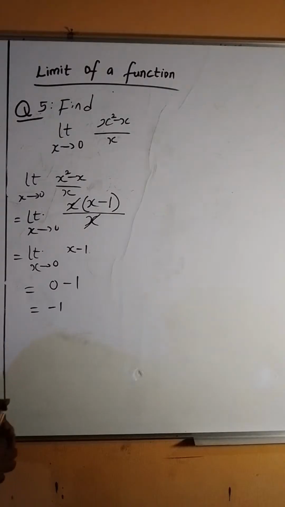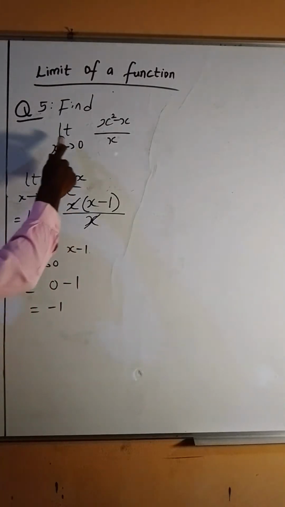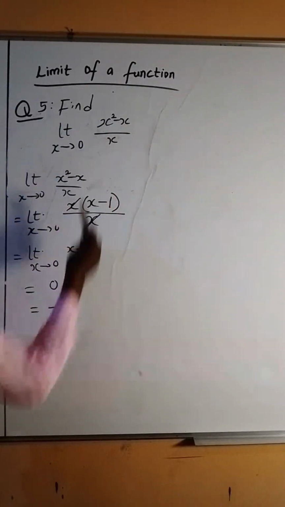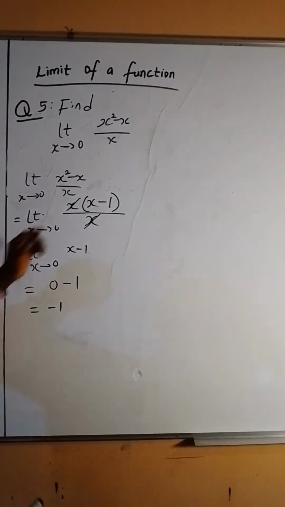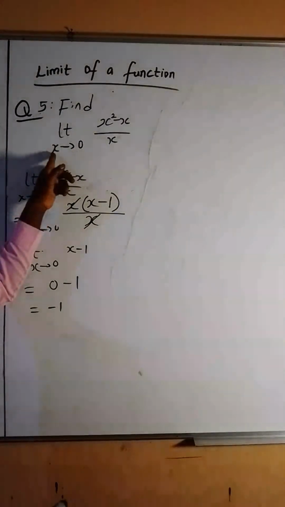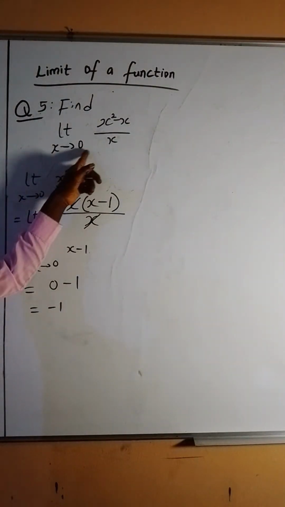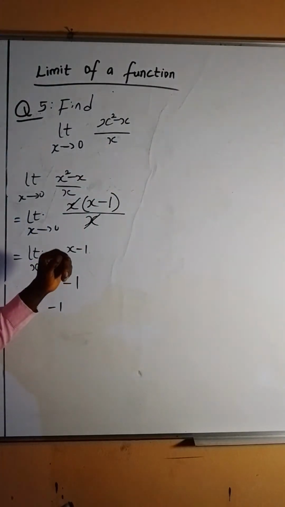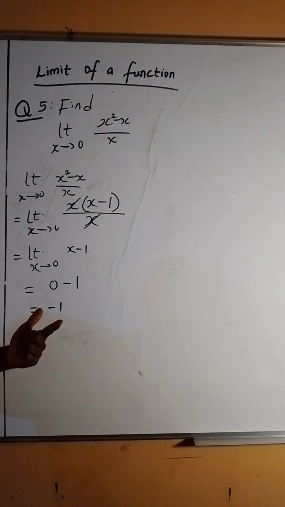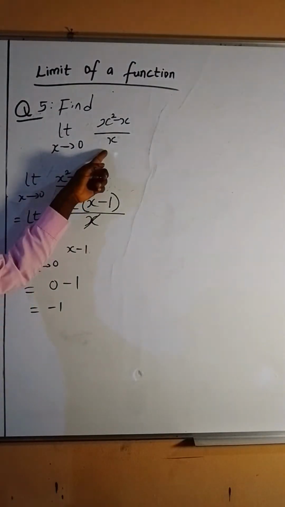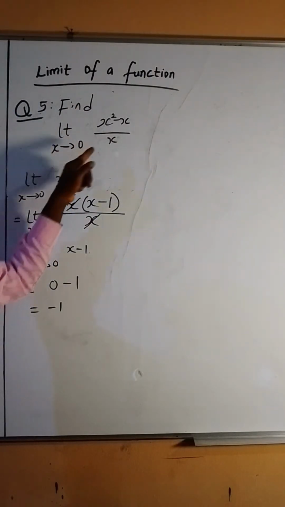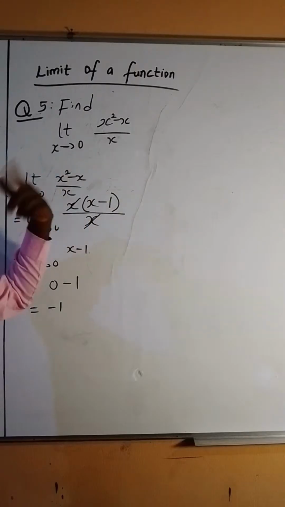Now, we are told to find x squared minus x divided by x. We know that if we substitute this value of x here, we are going to get 0 at the denominator, and that makes the function undefined. We do not use undefined functions to find the limit of a function, so we have to find a way to make the function defined.